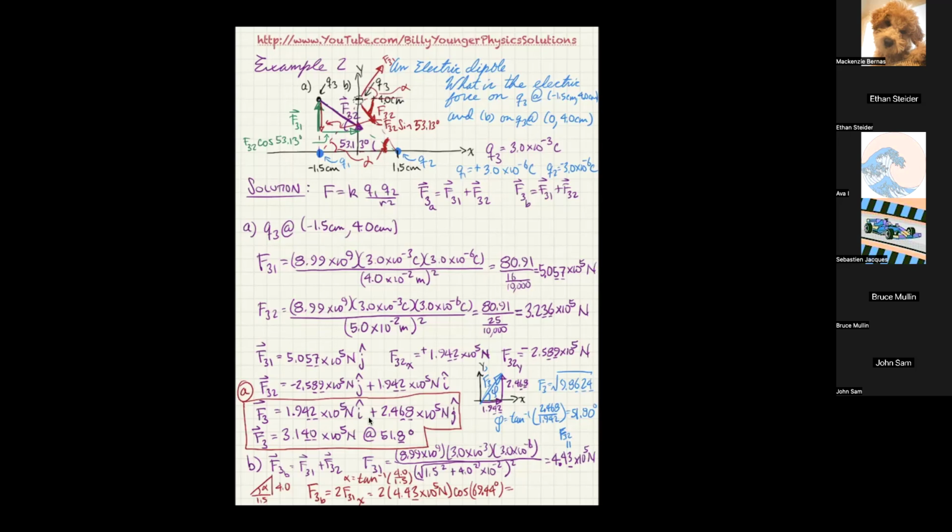So I'm taking the 4.43 times 10 to the 5th times 2 times cosine 69.44. Way more sig figs than necessary. That gives me 3.11 times 10 to the 5th, and it's to the right.